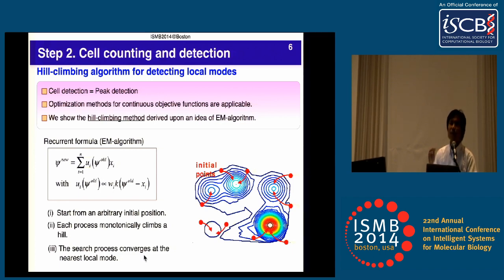The process of hill climbing starts from a random position in a 3D space, and each process monotonically climbs a hill following this recurrent formula, which is derived from an idea of the EM algorithm. And each process is theoretically ensured to converge at the nearest hill. So if this method works well, all local modes of the density function can be found like this.